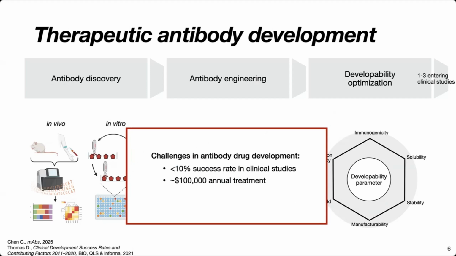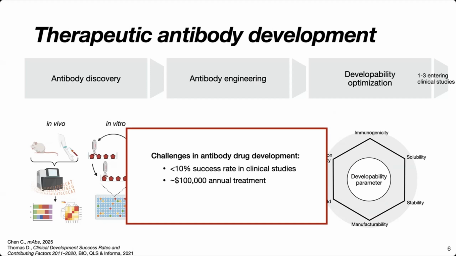And this is substantially more than with any other drug modalities. So you could imagine there is quite substantial interest in trying to improve the success rate of therapeutic antibody development, but also to make this entire development pipeline more efficient.